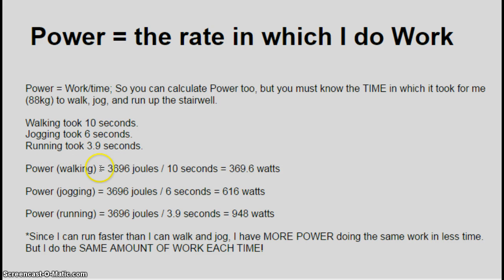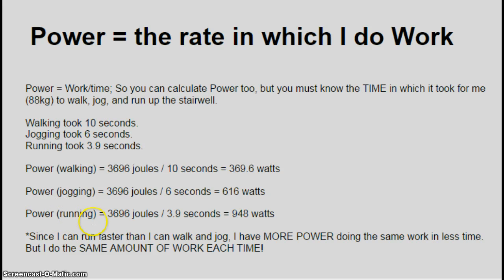So to solve for power for walking, I take my total amount of work done, 3,696 joules divided by 10, and I get that I did 369.6 watts of power. In jogging, since I did it in less time, I take the work done divided by 6, and I find that I have 616 watts of power when jogging.